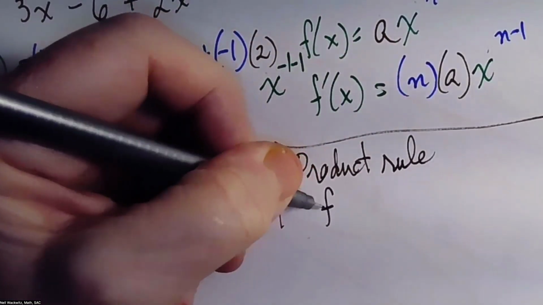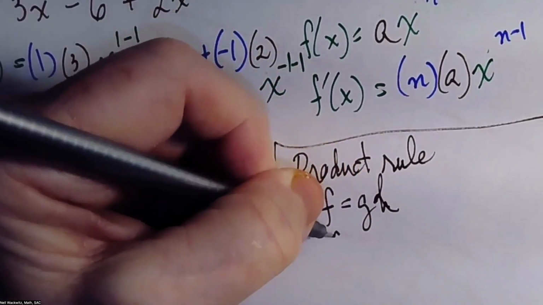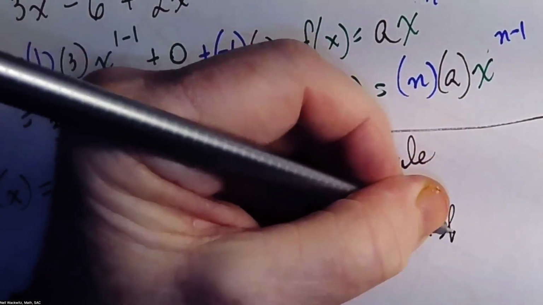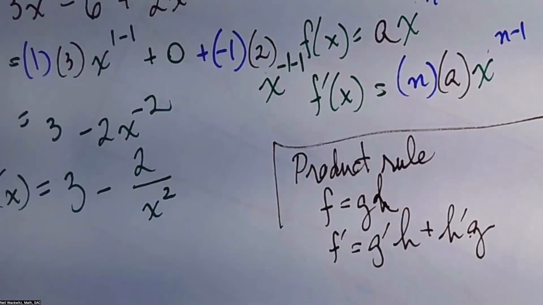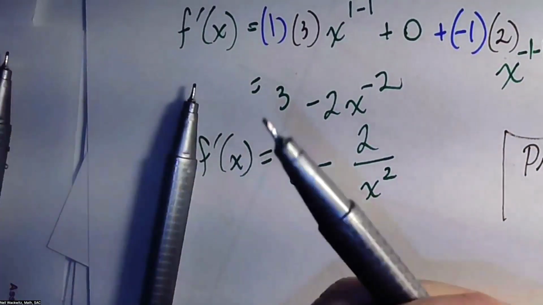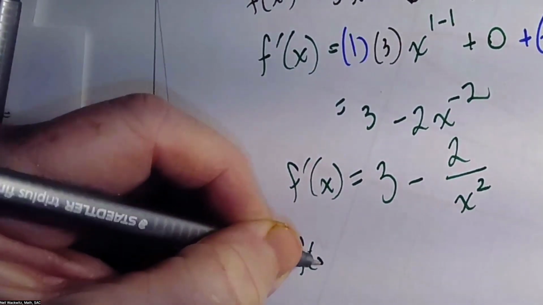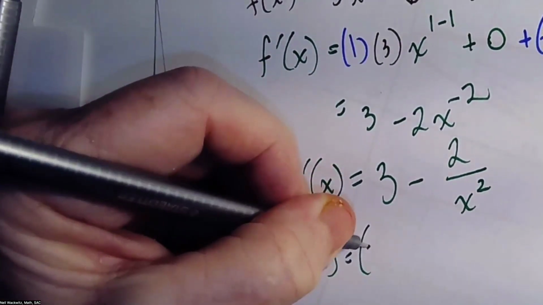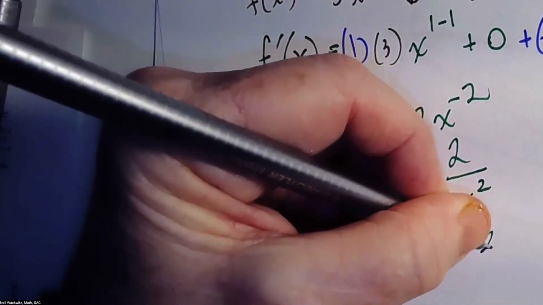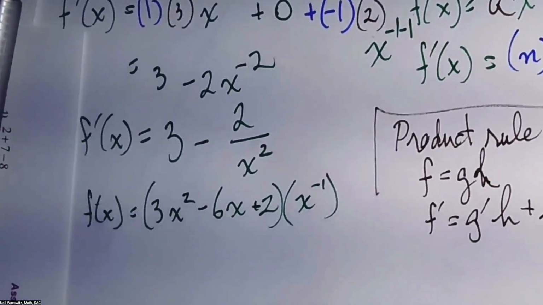So f equals gh, f prime equals g prime h plus h prime g. Alrighty. And we already said that f of x is 3x squared minus 6x plus 2 times x to the negative 1.